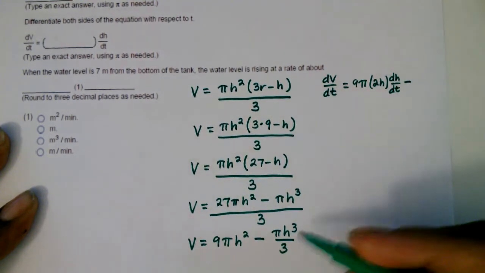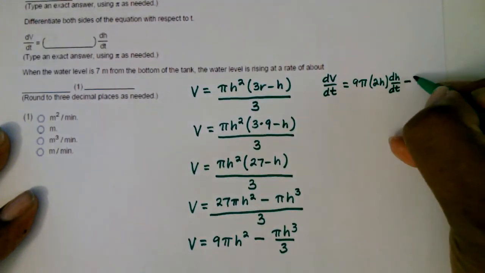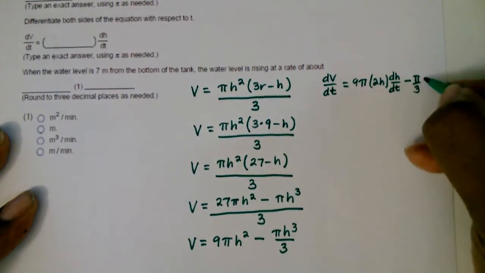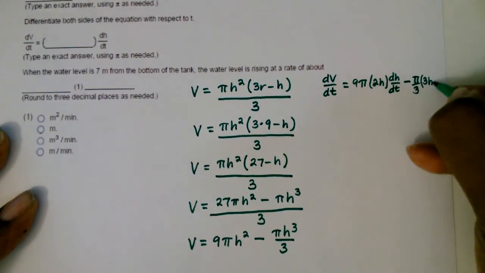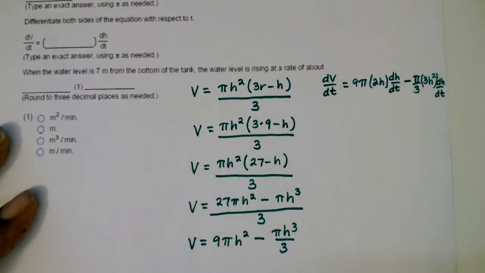And then minus pi over 3, I'm going to bring that down. The derivative of h cubed is going to be 3h squared times dh/dt as well.